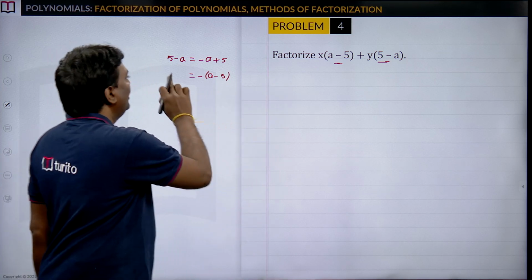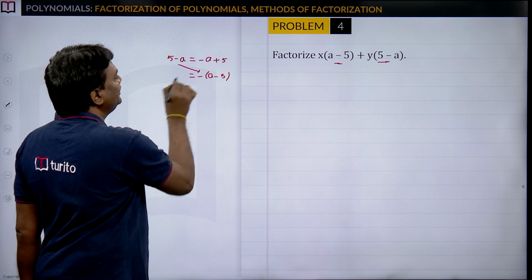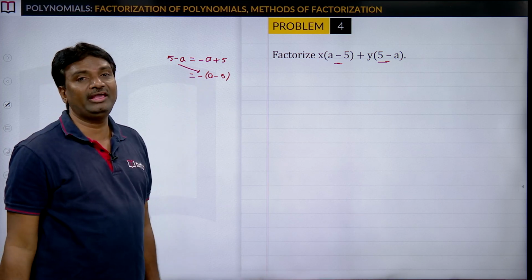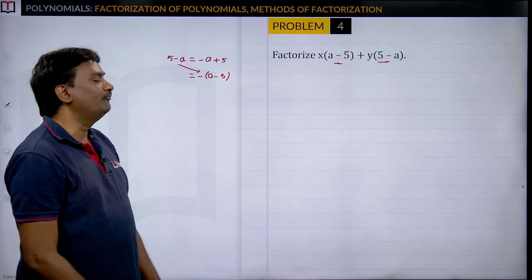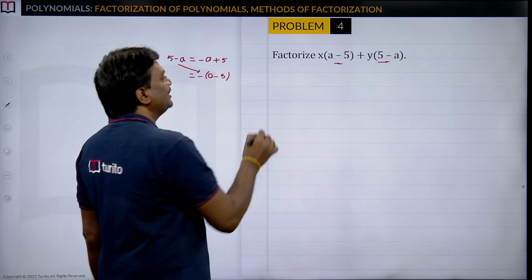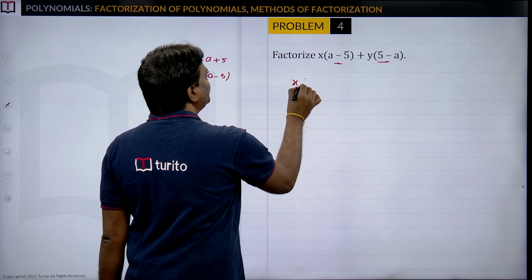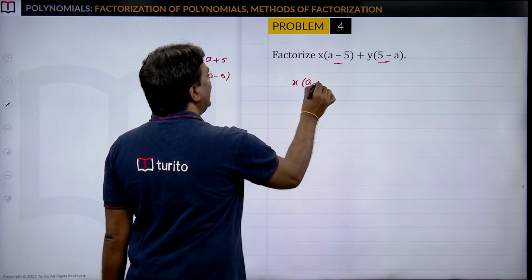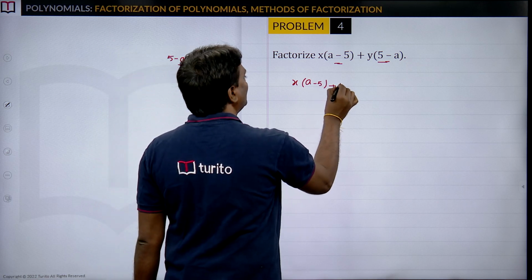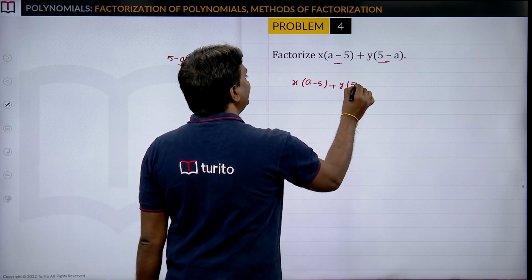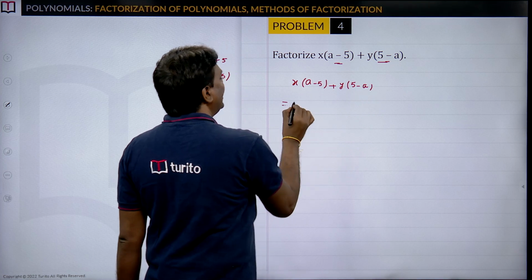So, that is why we can write 5 minus a as minus of a minus 5. Now, from the first term and second term, now we can take a minus 5 as common. So, x into a minus 5 plus y into 5 minus a. This is the given expression.